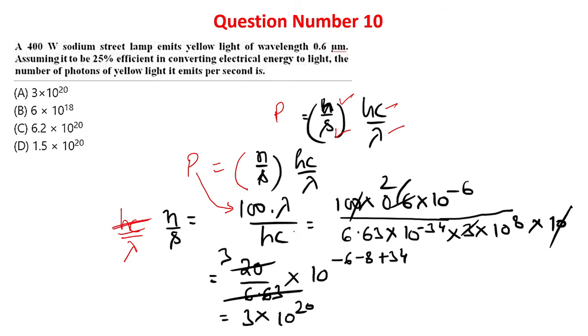H and c go to denominator, lambda goes to numerator. Rest is substitution. Please take care of units. Micrometer. Micro means 10 power minus 6. H, velocity of light, and solve.